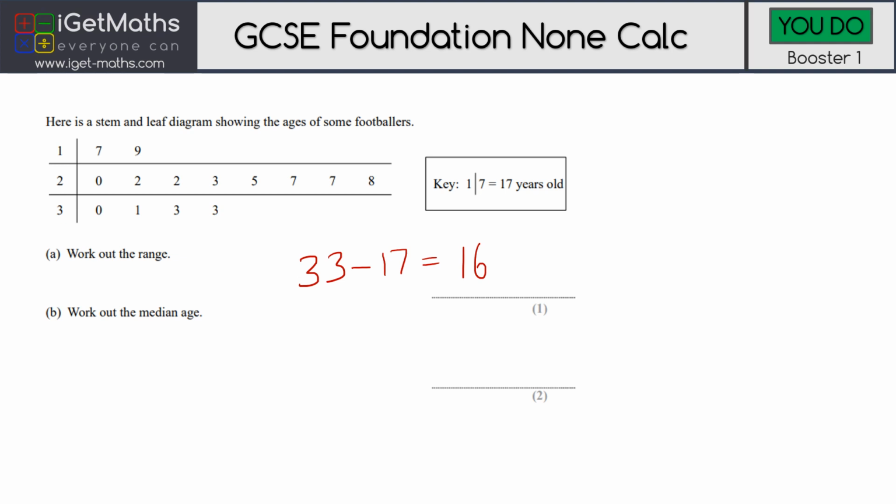So we can cross out from the smallest to the biggest, smallest to the biggest, and so on. And now you've got 2 left over in the middle. So we want the middle of those 2 numbers. So this represents 25, this represents 27. So 25 plus 27 divided by 2 will give us 26.